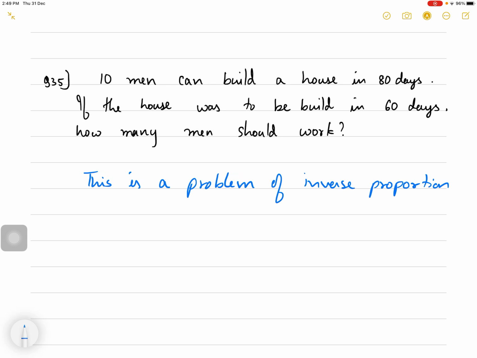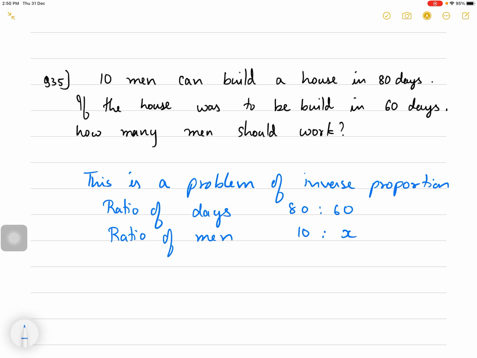So ratio of days is 80:60 and ratio of men will be 10:x. We don't know how many number of men should work to build in 60 days.